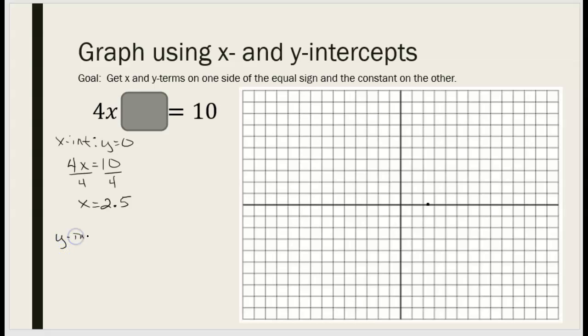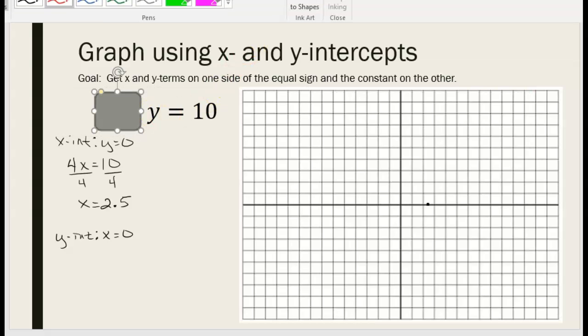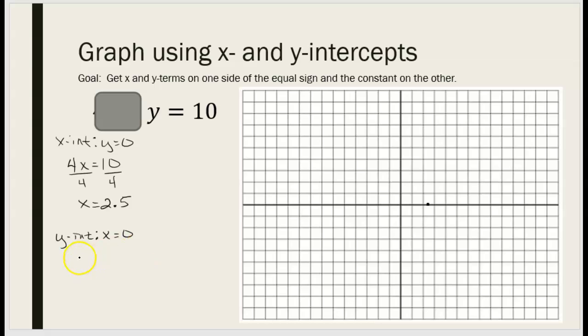Now I want to find my y-intercept. I remember that the y-intercept is where my x value is equal to 0. So I can just cover up the x term. And then all I have left, this one's pretty straightforward, is y equals 10. So I go to my y-axis and go all the way up to 10, which is way up here.